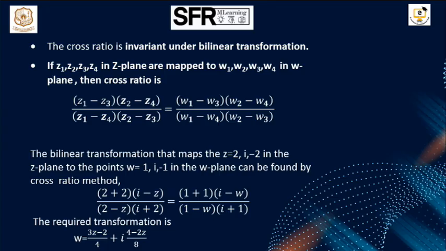Therefore, the required transformation is w equal to (3z minus 2 divided by 4) plus i into (4 minus 2z) by 8. Therefore, under the cross ratio, the bilinear transformation is invariant.